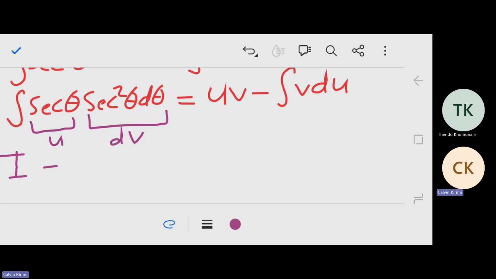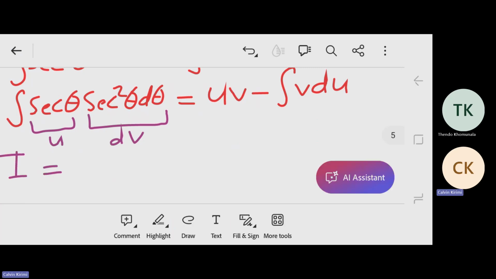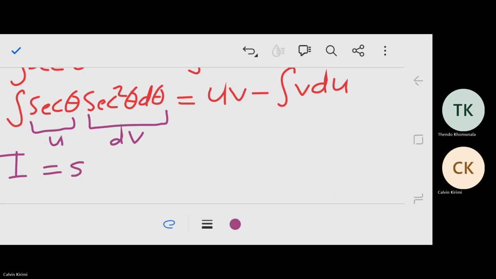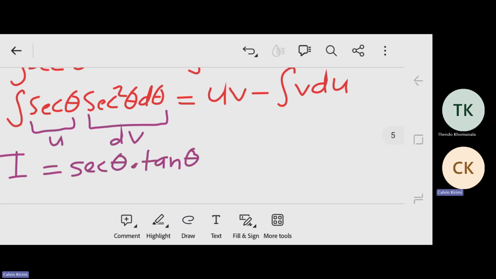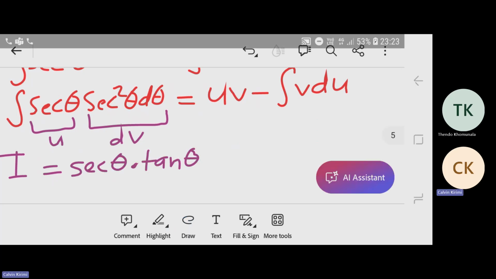We substitute the u with secant theta, so where there's u, we put secant theta, multiplied by where there's v, tan theta. Where there is minus, also put a negative.